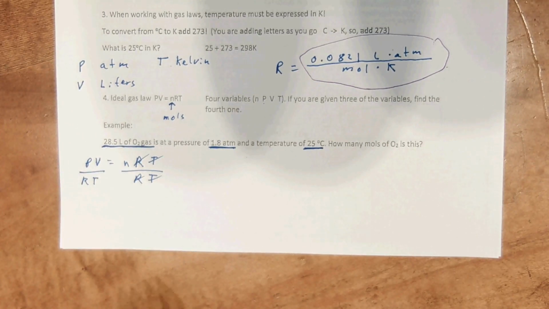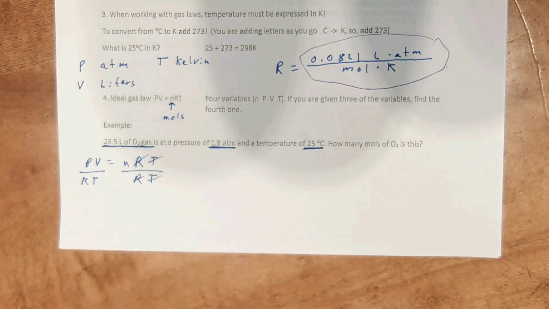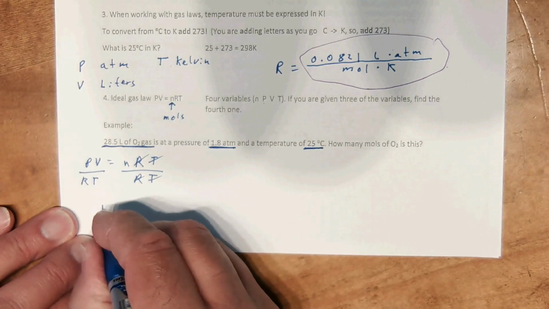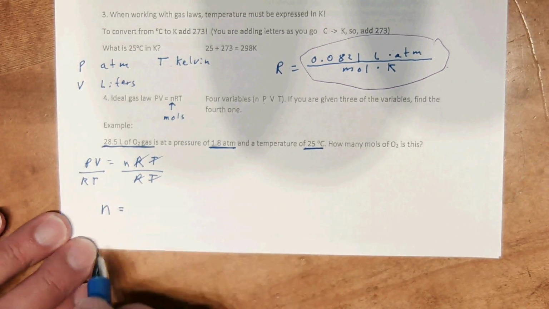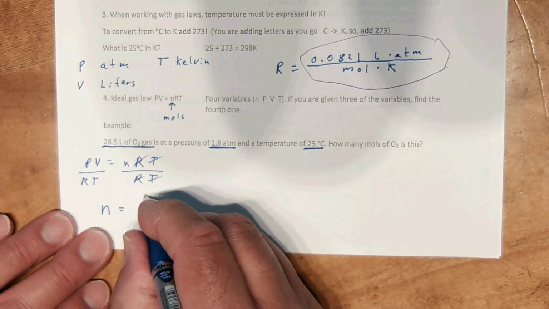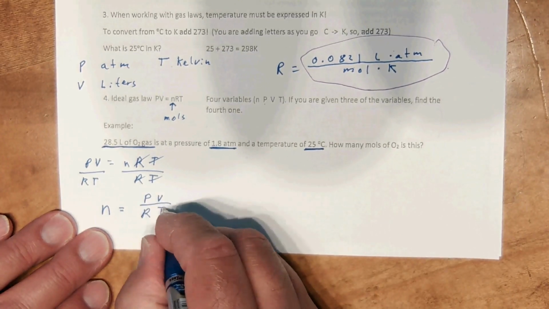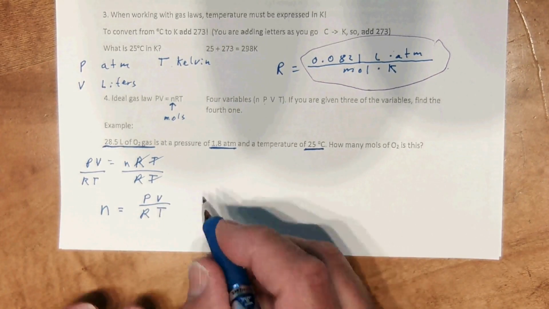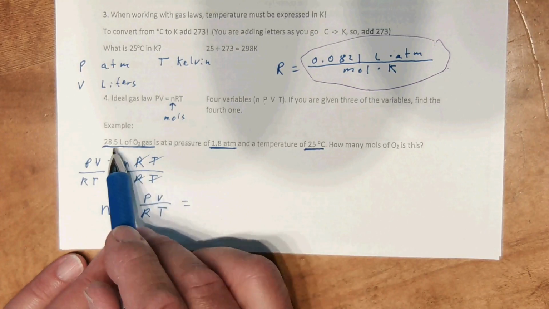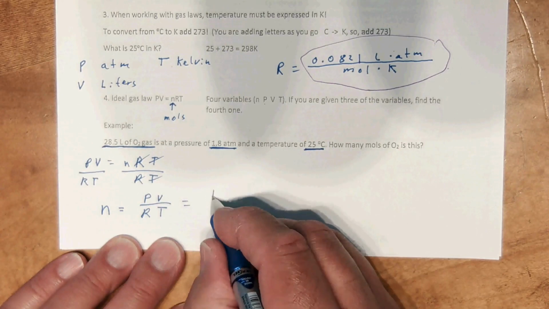So we've now solved it for n, and I'm going to flip this around because my brain works better if I'm reading the equation from left to right. So n, that's moles, is equal to PV over RT. We just plug in what we know. Our oxygen gas is at a pressure of 1.8 atmospheres.